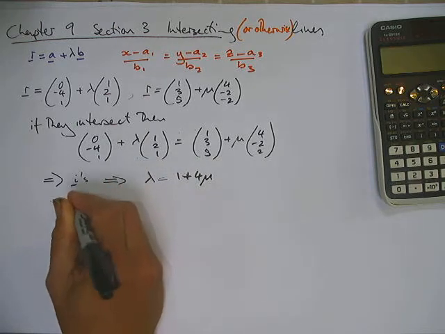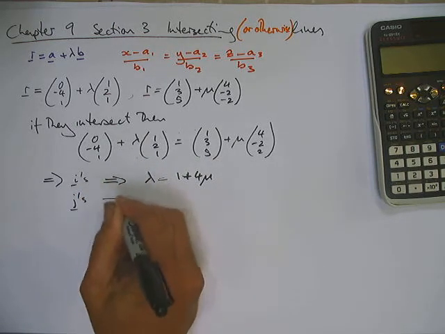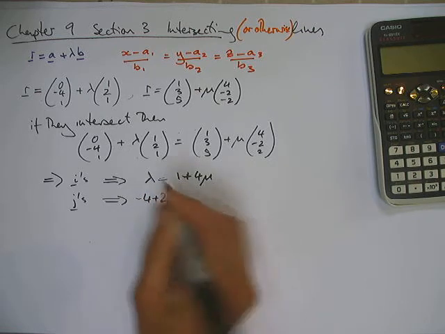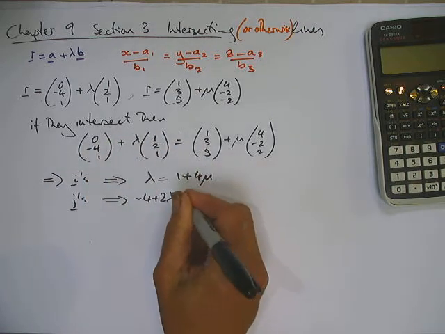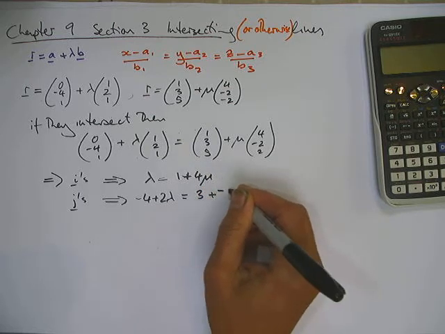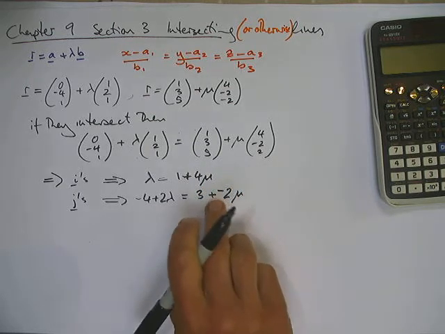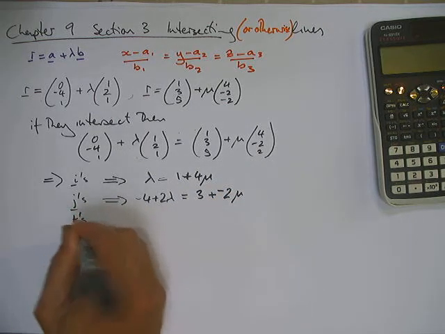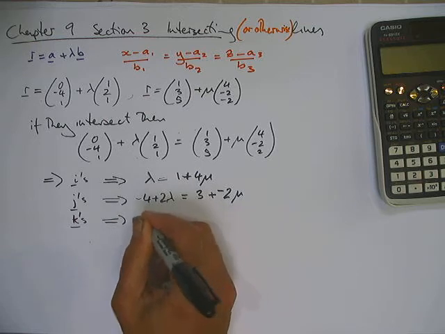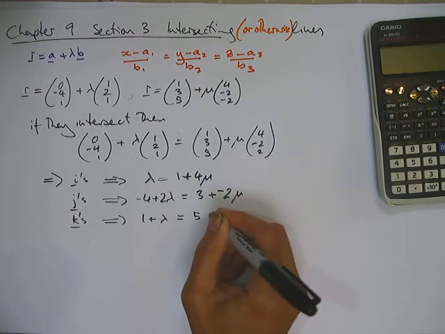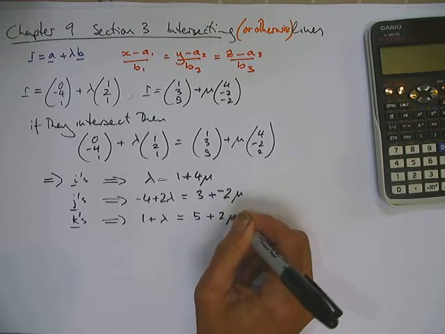The j's give minus 4 and 2 lambda equals 3 plus minus 2 mu. See, I got away with getting the wrong symbol there, didn't I? And the k's, because we're working in 3 dimensions, we get 1 plus lambda equals 5 plus 2 mu.